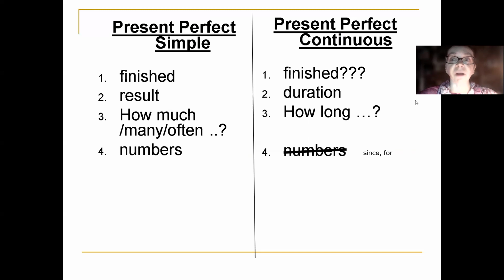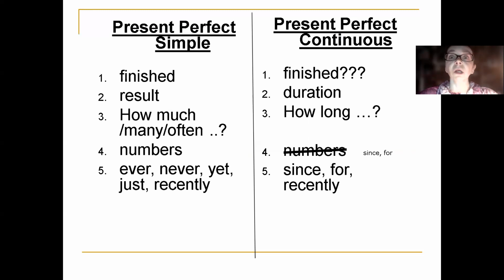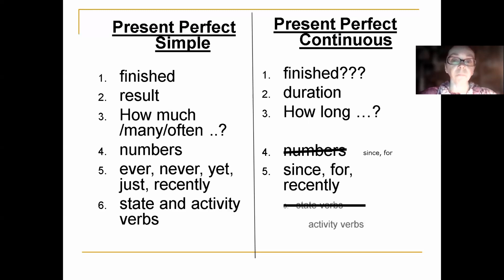The next difference is with time markers. Of course, we can use since and for with both, but we cannot use ever, never, yet, just, or already for present perfect continuous. And the last difference is that we cannot use present perfect continuous with state verbs.